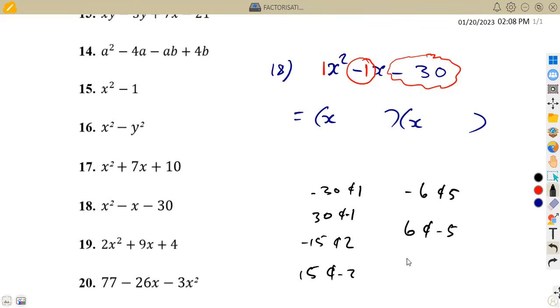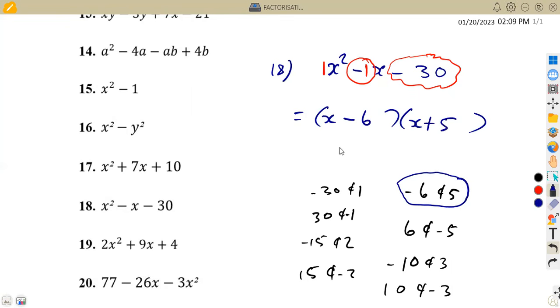There are so many factors. We've got 10, -10 actually, -10 and 3, 10 and -3. So there are so many, but which one, when we add, we obtain -1? If we add, it's -6 and 5. -6 plus 5, that's -1. So that means we're going to have x minus 6 and x plus 5. You're done.